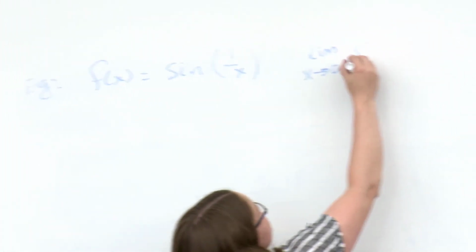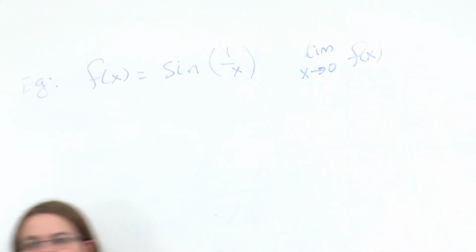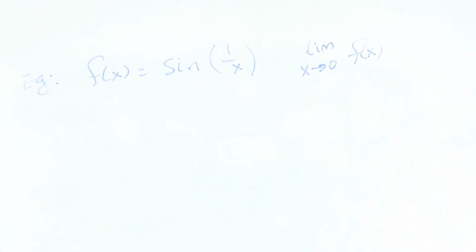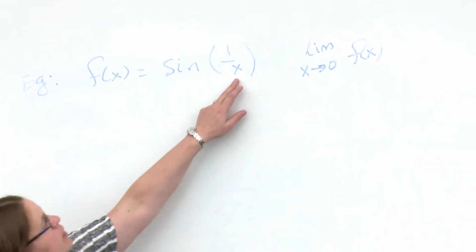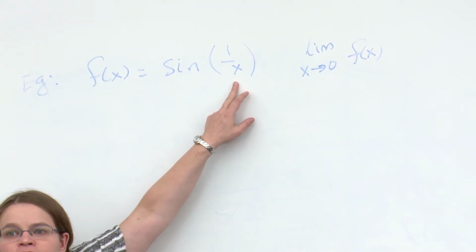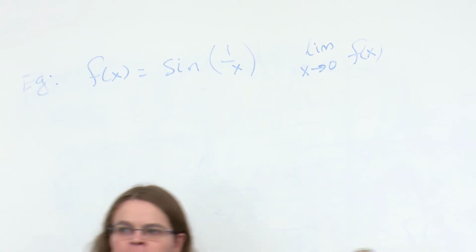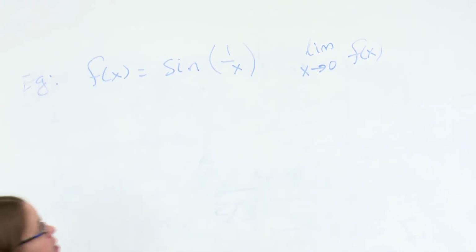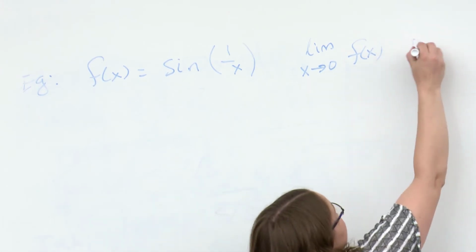What's this limit equal to? It doesn't exist, right? As x goes to 0, this 1 over x term is going to get bigger and bigger, and the sine function is just going to start oscillating infinitely quickly. So this, we expect, does not exist.